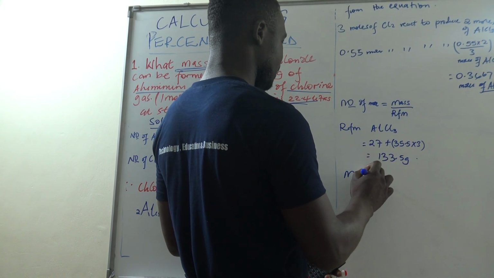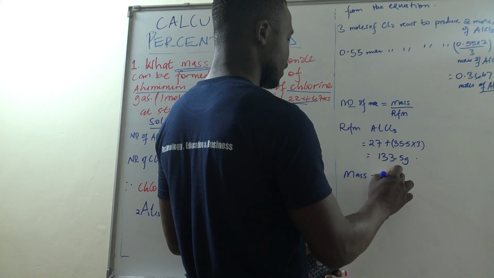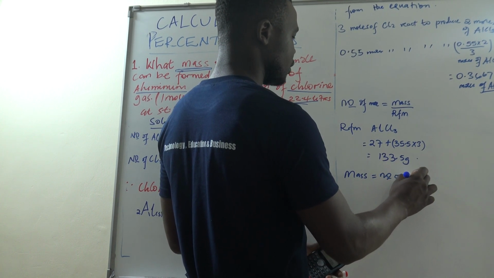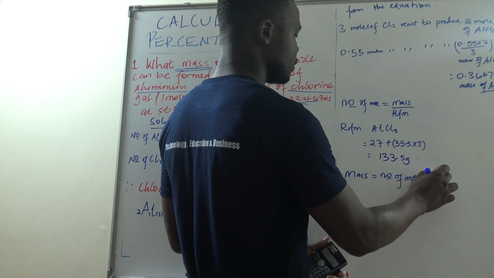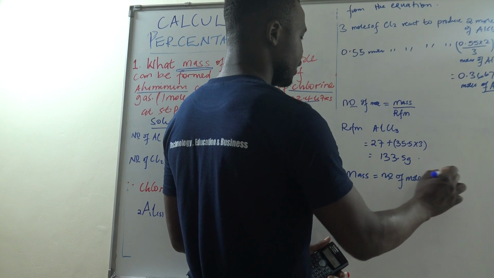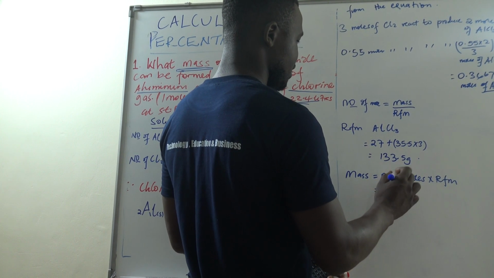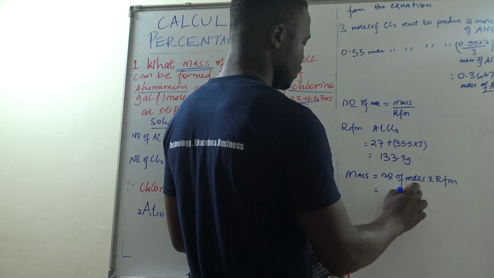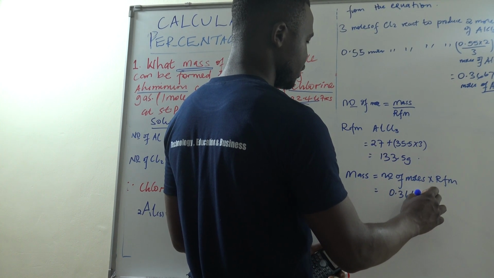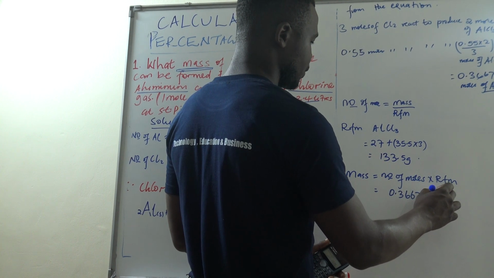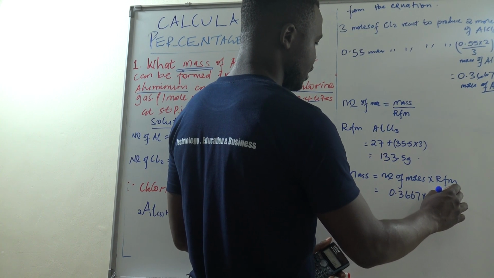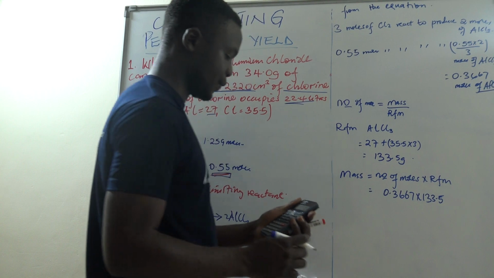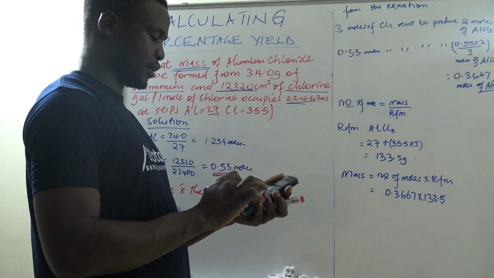So, number of moles is equal to mass over RFM. In other words, mass is equal to number of moles times the relative formula mass. Therefore, this is going to be 0.3667 times 133.5.